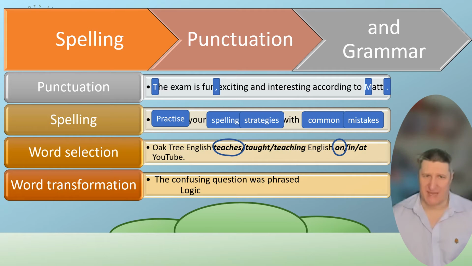This could be changed by adding the suffix al to make it an adjective, logical, and ly to make it an adverb so that it can describe the verb phrased, logically. To make it fit the meaning, you can add the negating prefix il, so that we finally have the word illogically.